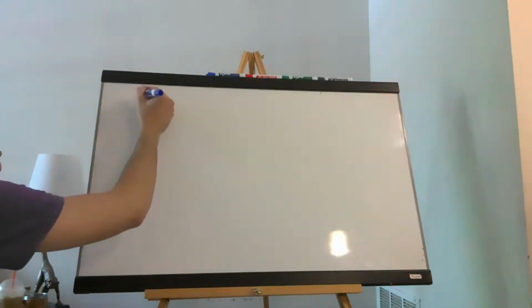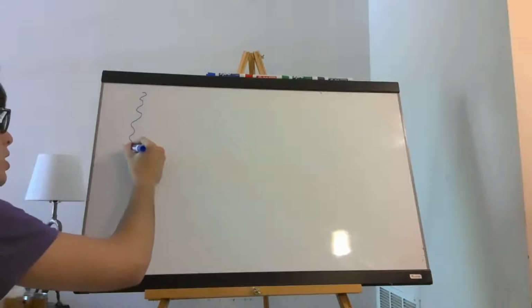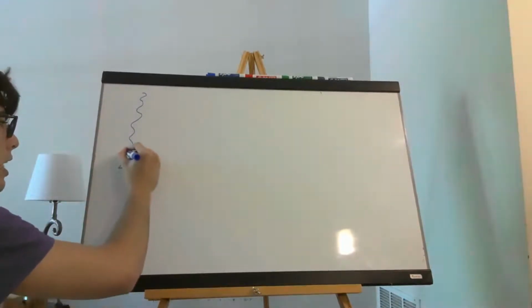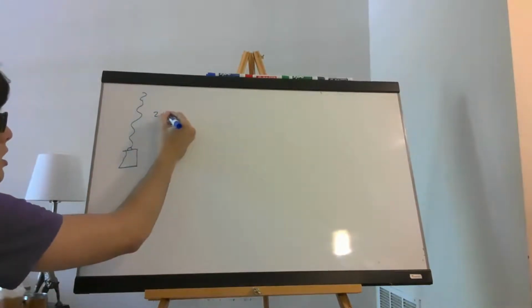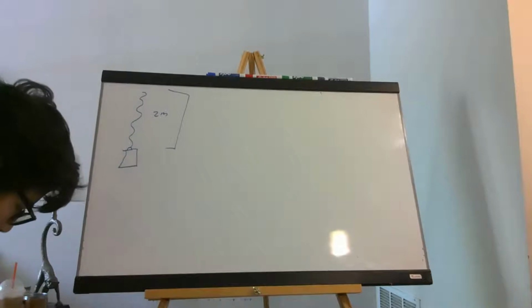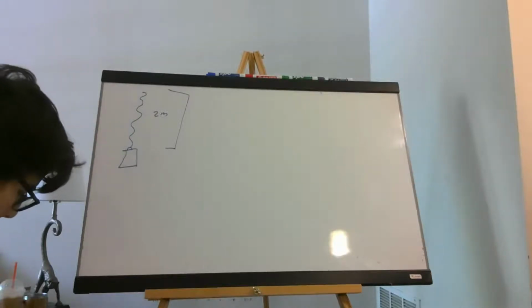So a weight hangs on a spring, making it 2 meters long. I don't know how to draw a spring, but I'm gonna guess it's something like that. And I'm gonna draw the weight like that. If the weight is pulled down and then released, the weight oscillates up and down.